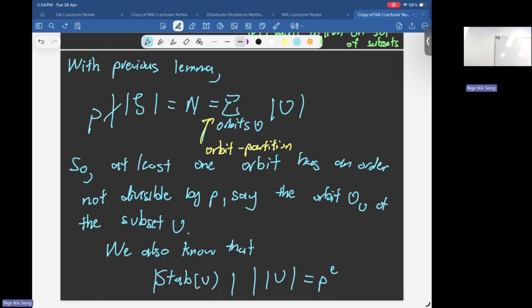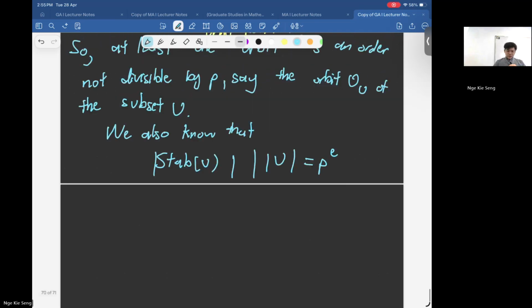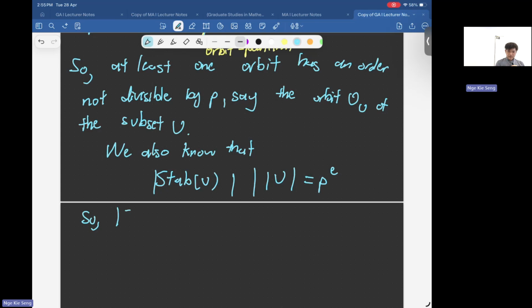So what does this mean? What numbers can divide p to the e? 1, p, p squared, p cubed, up to p to the e. So the stabilizer of U is equal to p to the m for some m.